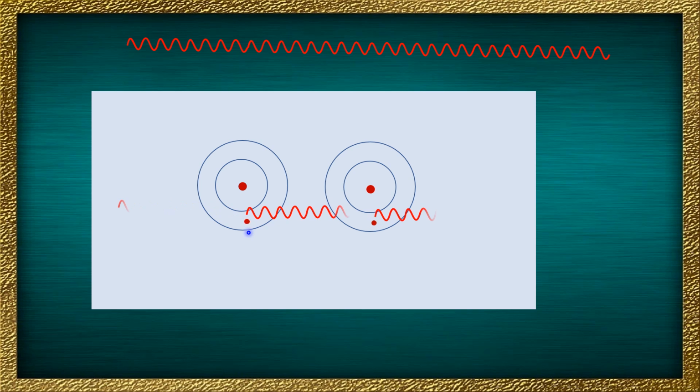For that reason, that atom will hold that energy for a longer time before it re-emits the same frequency. So when the frequency of the incident light is more, the obstruction is more. That means the speed of light again decreases.